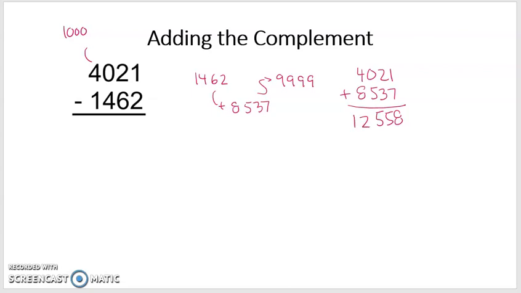So I have 12,558. Now to finish this off, you cross out that leading 1, and then add 1 at the end, and that gets you to 2,559, or that 4,021 minus 1,462 is 2,559 by adding the complement.